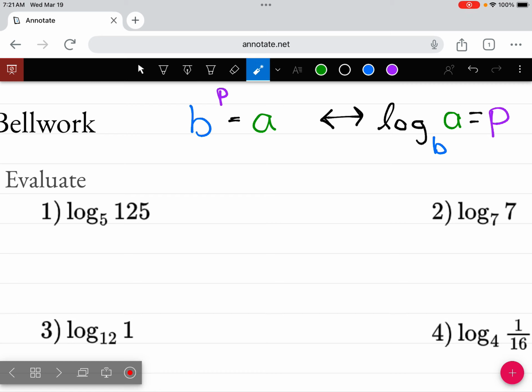And on all 4 of these, it's missing that power, that variable P. So we're not trying to figure out what this guy is.